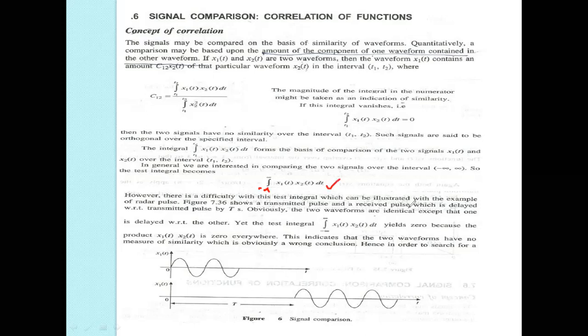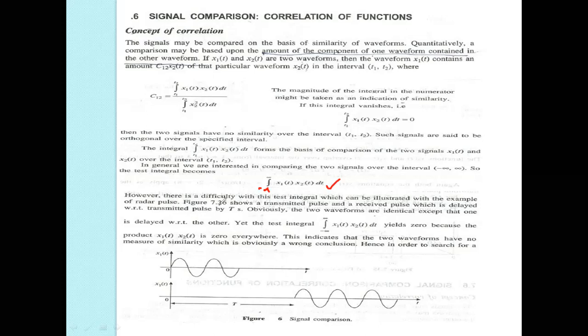Correlation is nothing but comparison. We have to see the similarities in the two signals. For that, you take the integral from minus infinity to infinity of x1 of t x2 of t dt. If it is 0, both do not have any similarities, and they are called orthogonal functions.